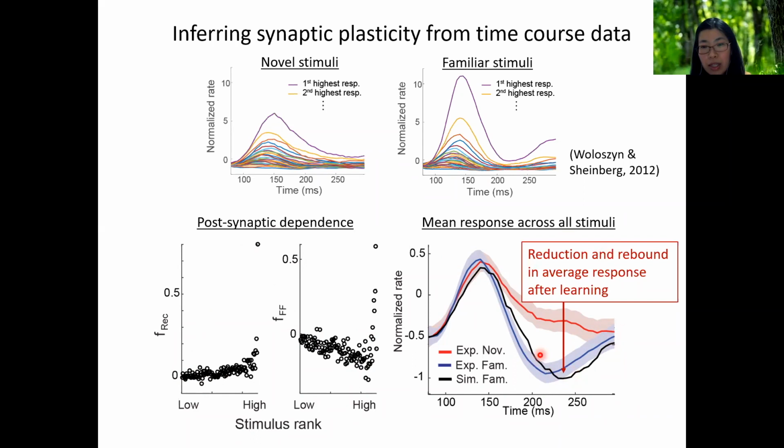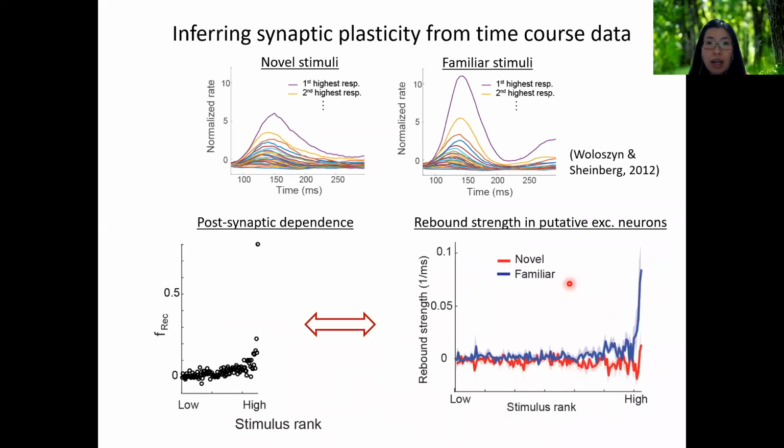This black curve is the simulated response for the familiar stimuli, which captured again the reduction and the rebound in the average response. And interestingly, this post-synaptic dependence was quite similar to the rebound strengths observed in the putative excitatory neurons. And so the rebound strengths can be another graded measure of this post-synaptic dependence of the recurrent synaptic plasticity.